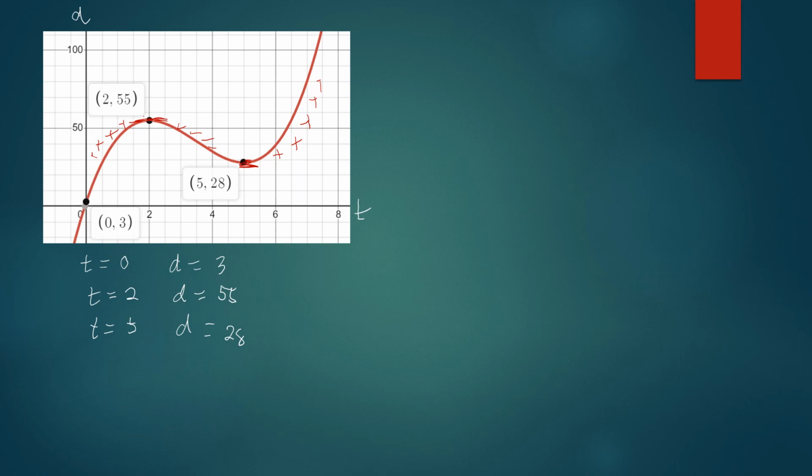So how do we put that in a number line? Let's say this is our distance diagram. Let's have here 0. We are at 3 when time is equal to 0, and then we are at 55 here. This is time equals 2.